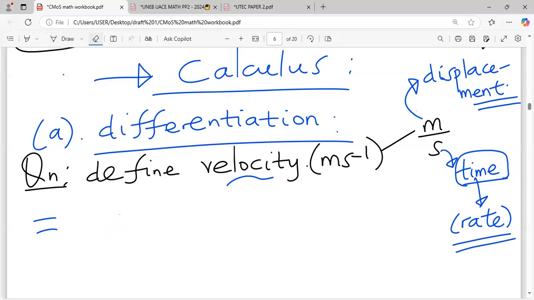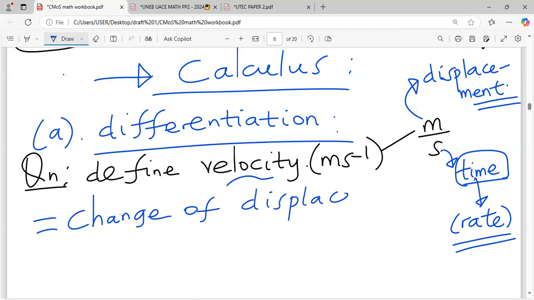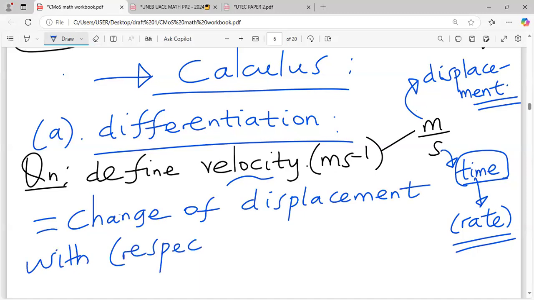Actually, for me, I will not say rate, but I will say it is the change of displacement with the time. Or what a math student can make more specific and say that displacement is changing with respect to what? With respect to time. Remember, time is down, then displacement is on top.